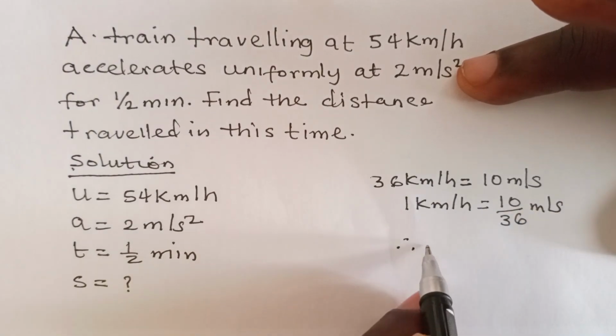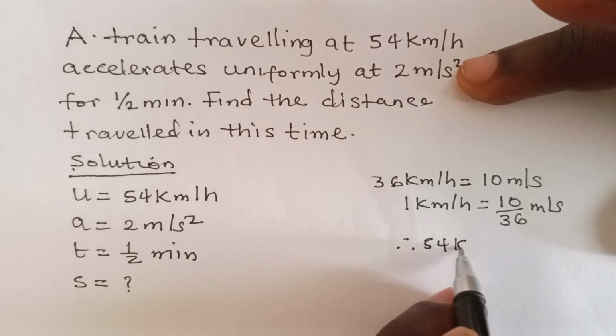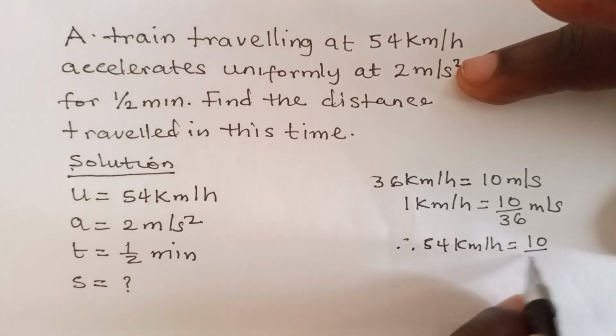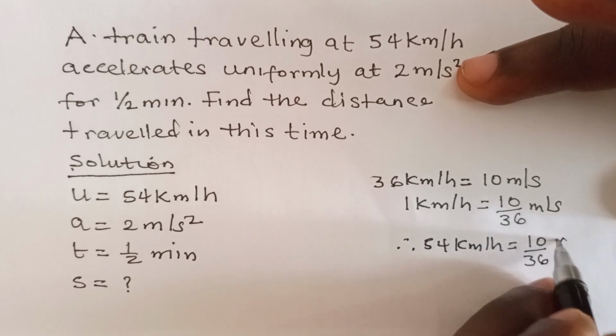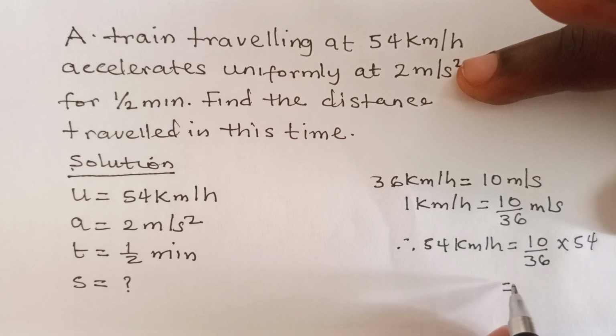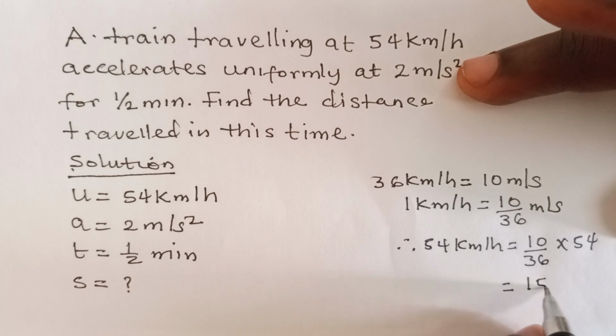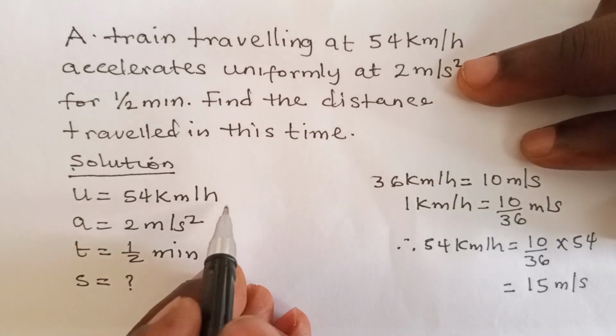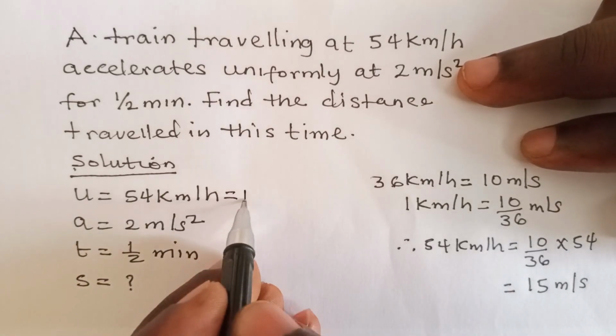Therefore, 54 kilometers per hour will now be 10 over 36 times 54. And that will give me 15 meters per second. All right. So I will just change this to 15 meters per second.